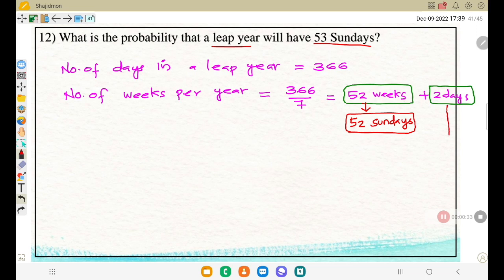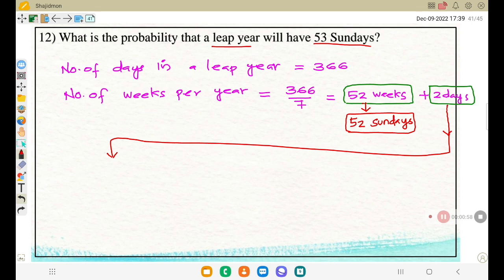Now, in the extra 2 days, what are the possibilities? This decides whether we can have 53 Sundays. 52 Sundays are there by default in a leap year, because 52 weeks are there.